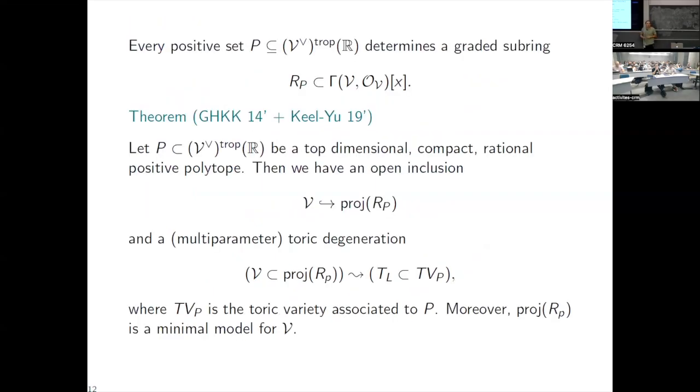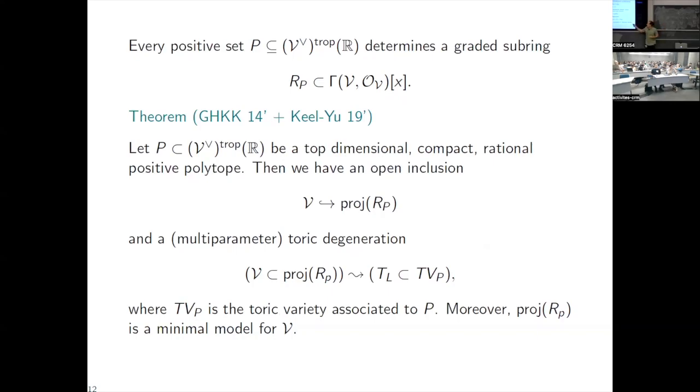So another way to reframe this definition is that any such set gives me a graded subring of this ring. I'm dealing with regular functions, and I'm using the x just to know in which dilation of my polytope I'm working.